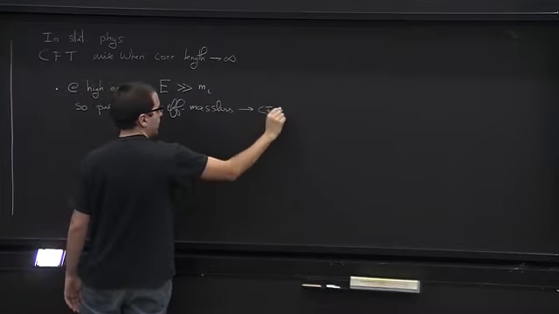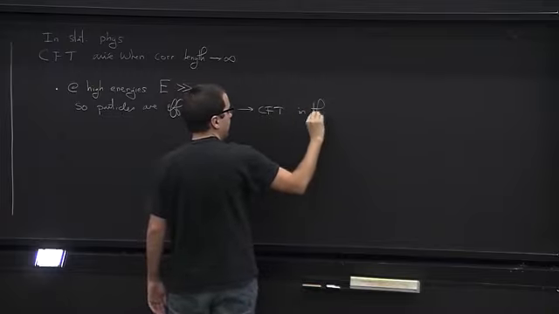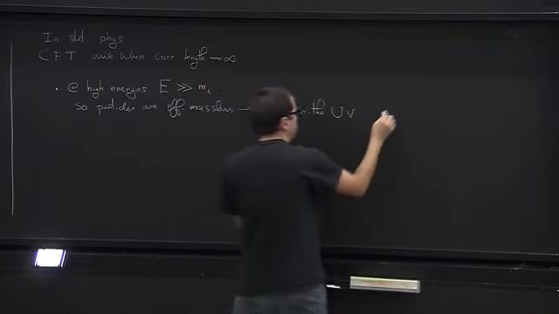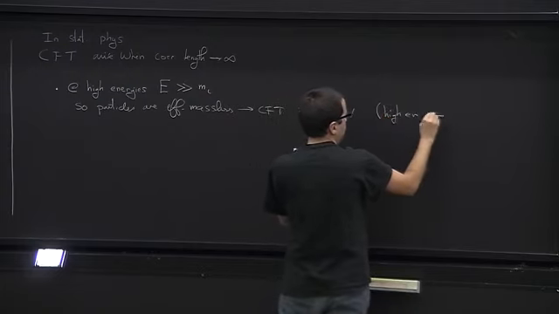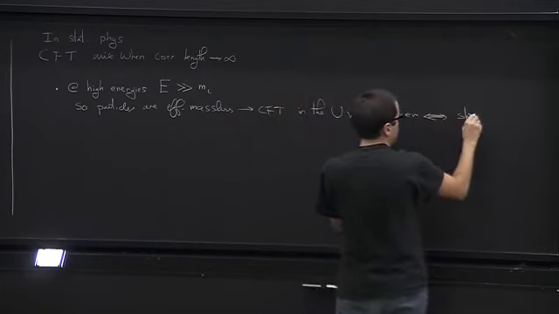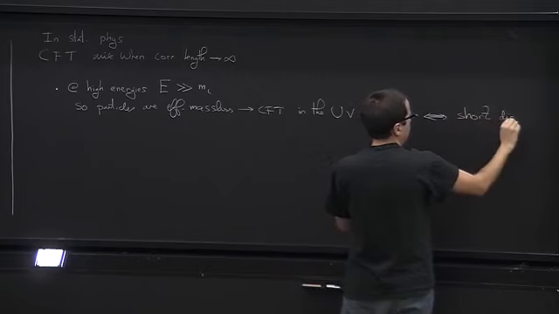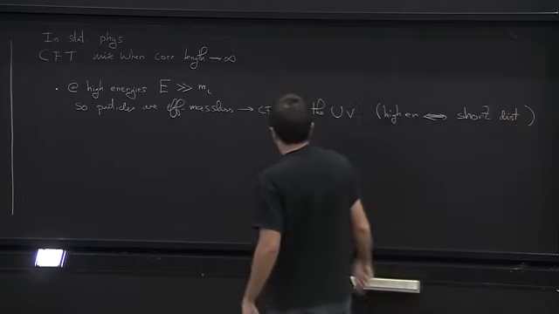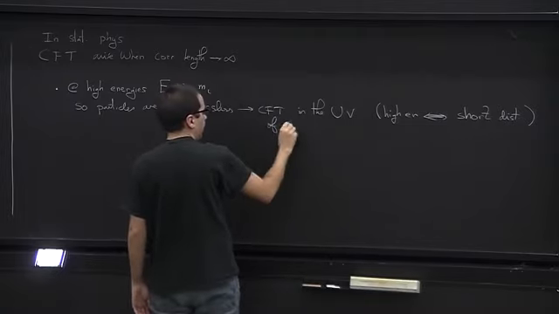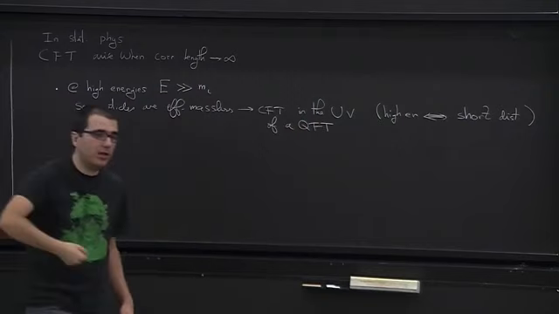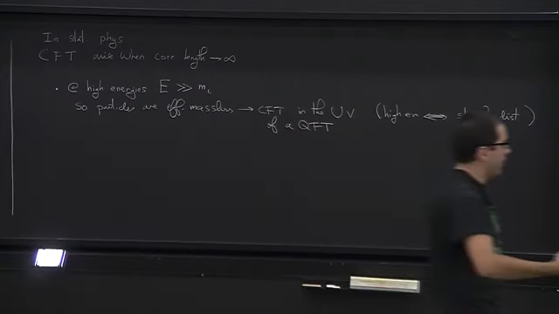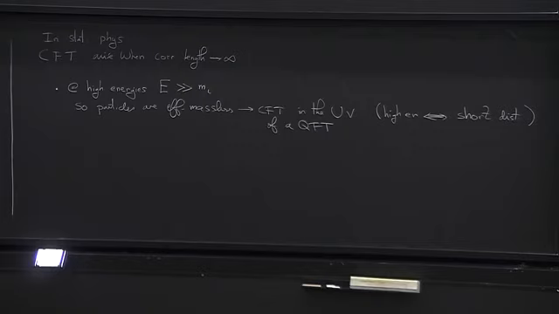And then we have a CFT in the ultraviolet limit of a quantum field theory. Ultraviolet means high energies, or equivalently, short distances. Right? We know it's equivalent. So if we have a quantum field theory and we zoom in a lot to short distances, or we consider very high energies, then compared to those very high energies, the particles are effectively massless.